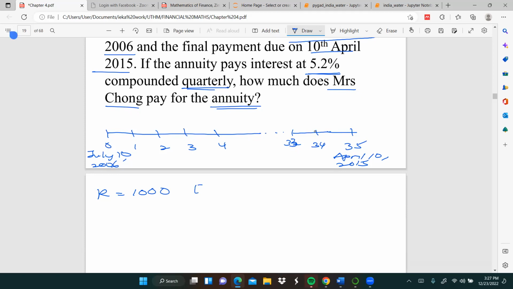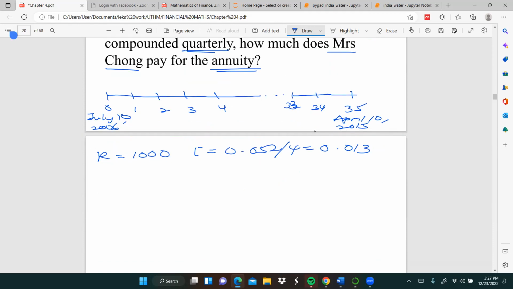Okay, so i adalah 0.052 divided by 4. So we have 0.013. Okay, so please take note walaupun dia punya first payment adalah pada Julai, tapi kita punya Julai tu dah dikira sebagai time 1.